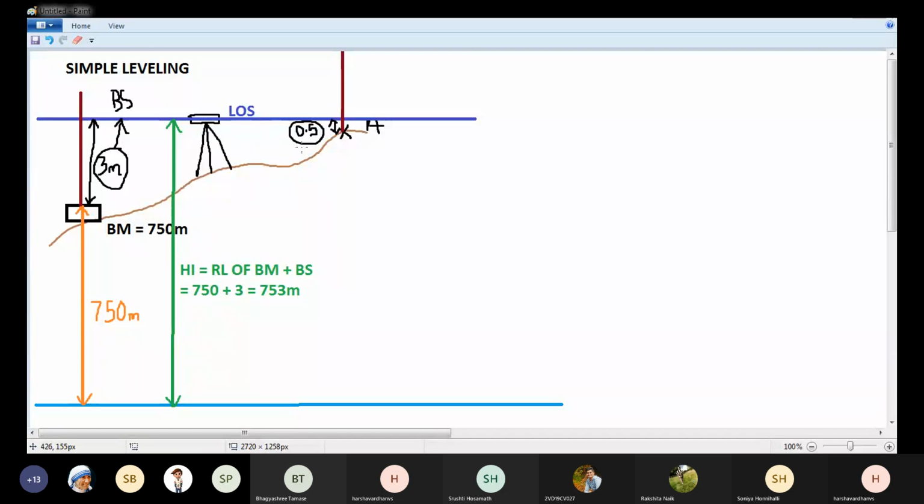I want to find the elevation of point A, so I'll take the staff reading on point A and I'll end my survey. So this staff reading, taken on a point whose elevation is unknown and which is the last reading, is called foresight.